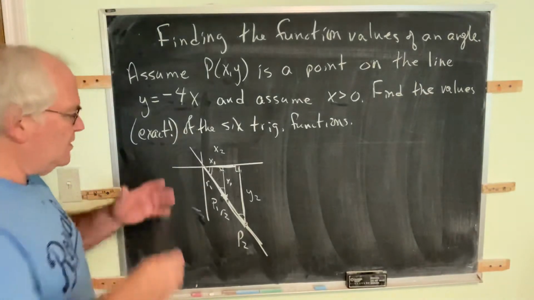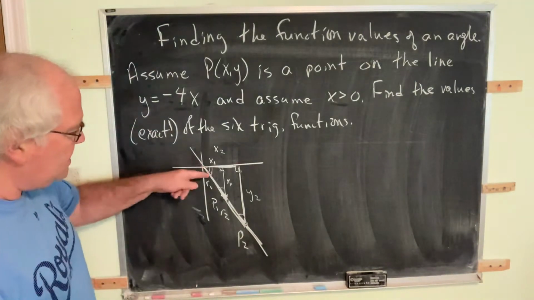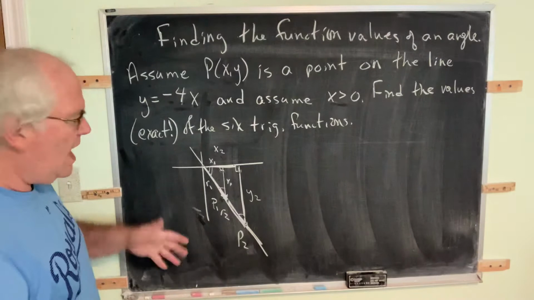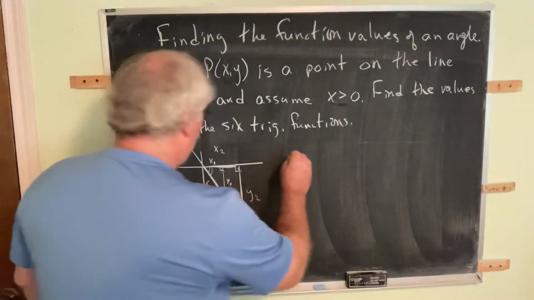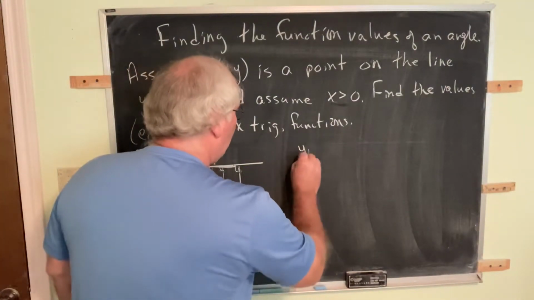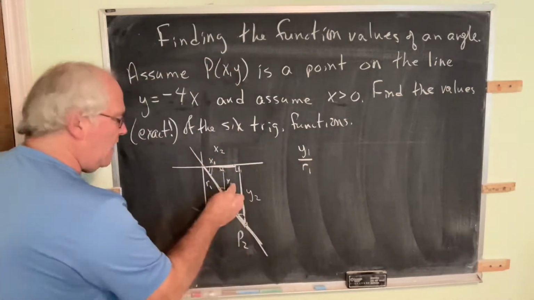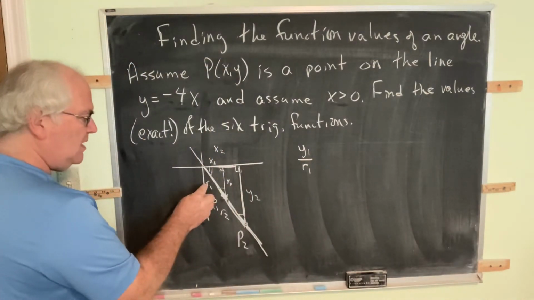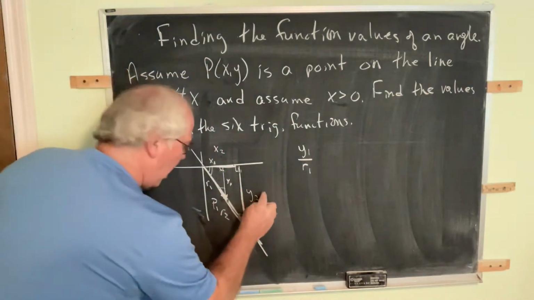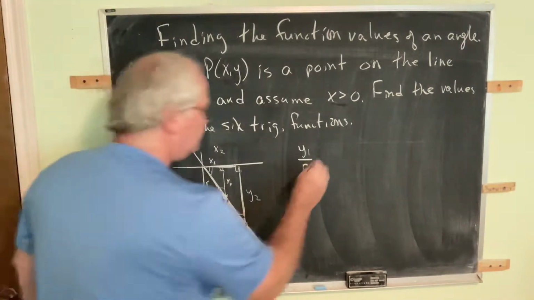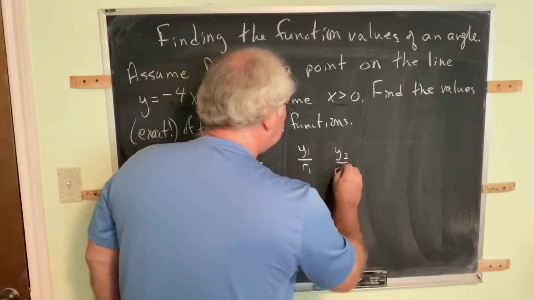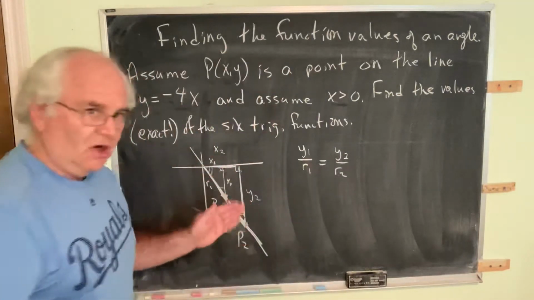If I were to pick any two sides of this smaller triangle, for example, y1 over r1: y1 is to r1, by similarity, as y2 is to r2. So we know those are equal.